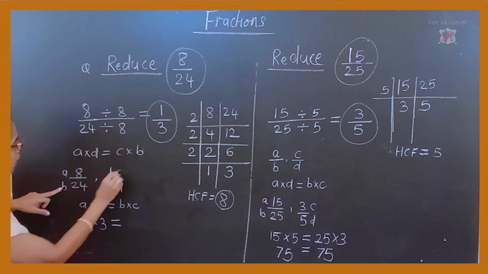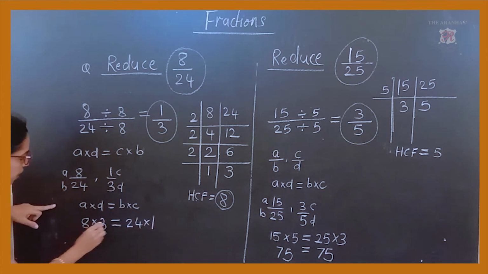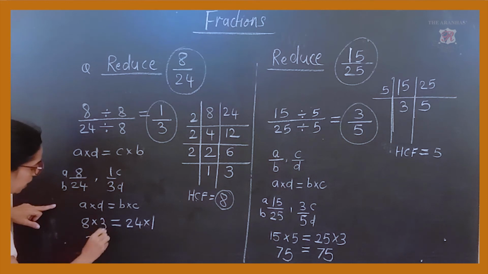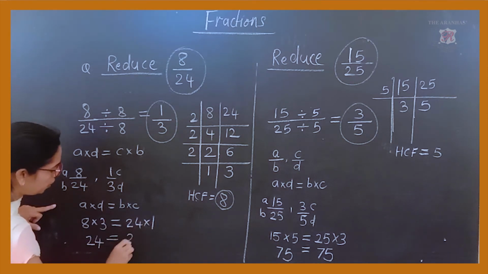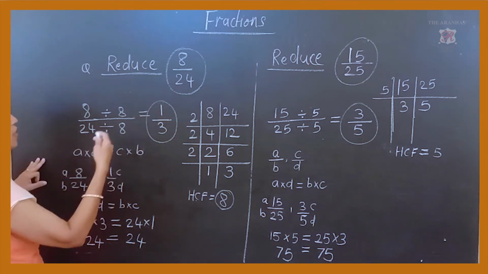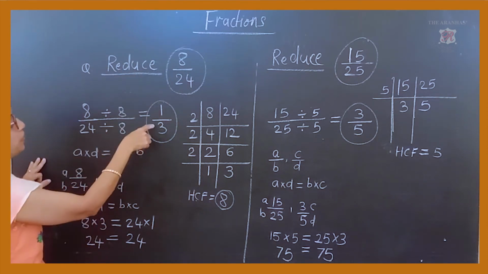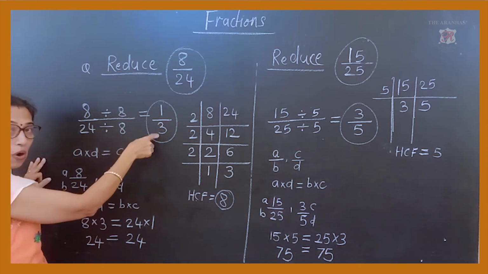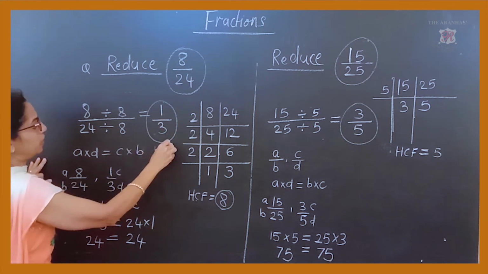is equal to 24 into 1, and we will find out 8 3s are 24 and 24 1s are 24. It means the given fractions are equivalent, and the reduced form which we have found here as 1 upon 3 is correct.